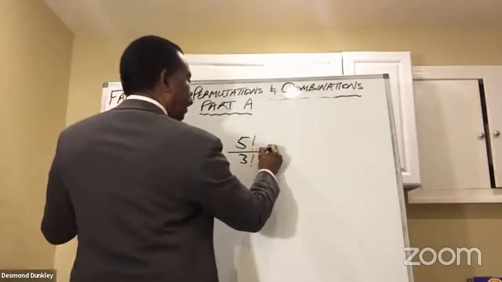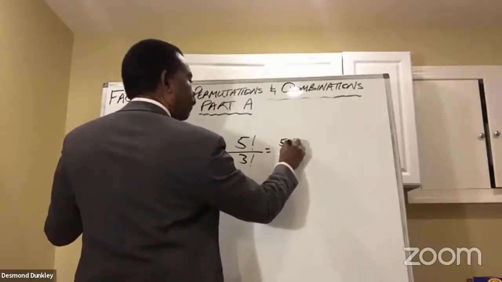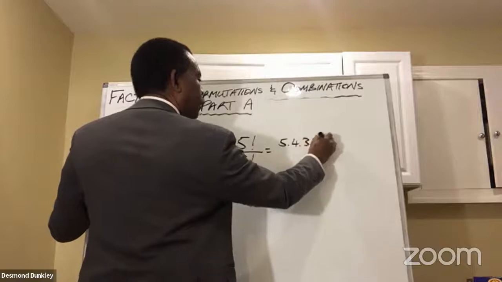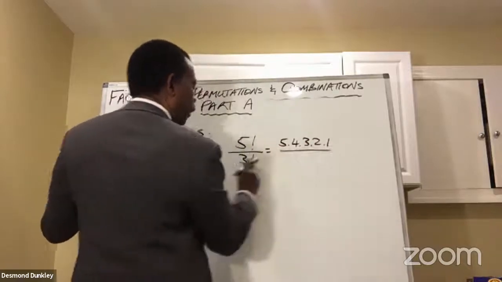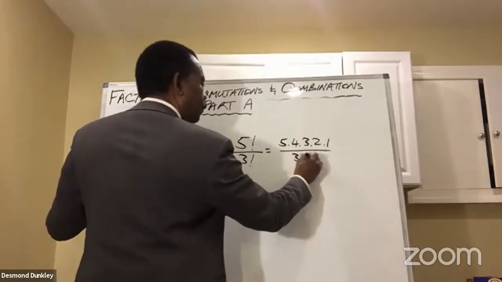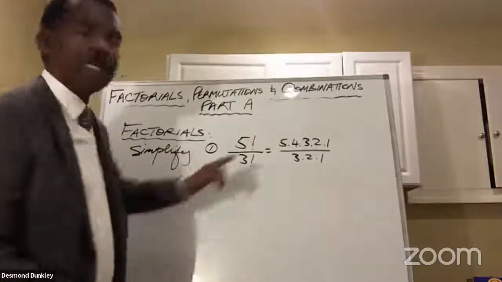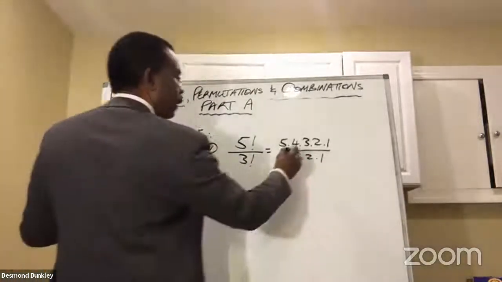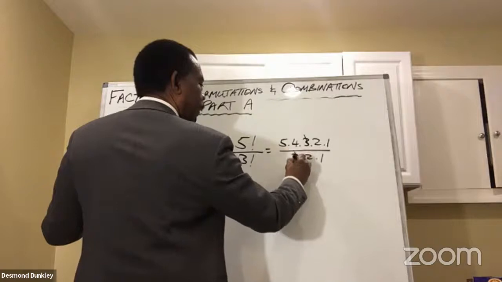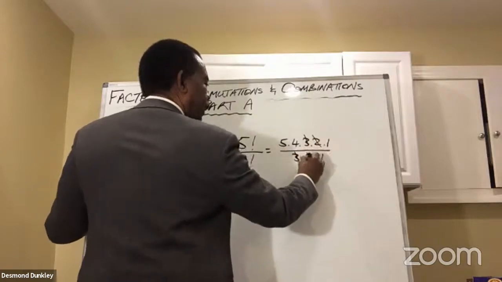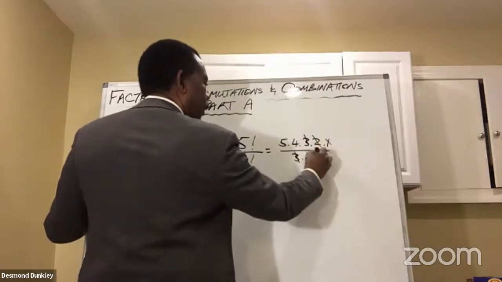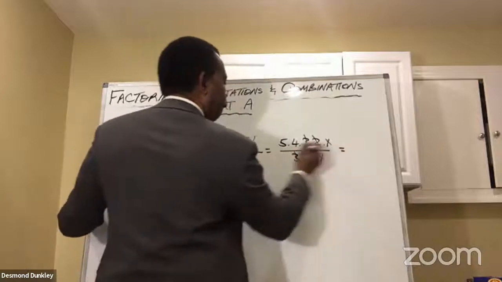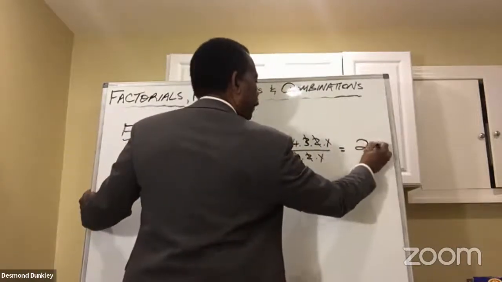Then you say, okay, it's equal to 5 times 4 times 3 times 2 times 1 over 3 factorial, which is 3 times 2 times 1. So when you look at this, you realize, wait a minute, this cancels this, this cancels this, and of course 1 cancels 1. So what are we left with? 5 times 4 is 20.